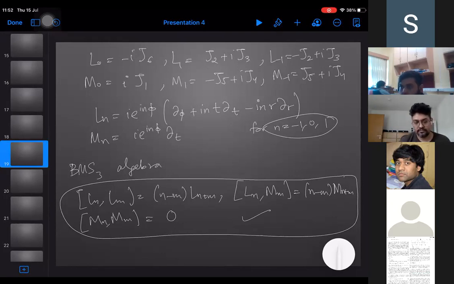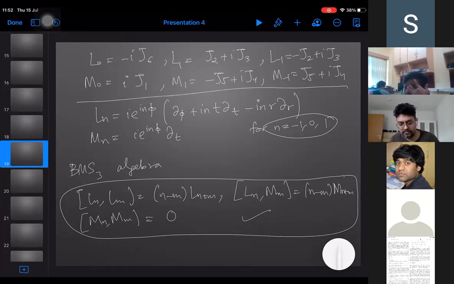Okay, but how do you get these extra generators from the starting algebra which you had? In the starting algebra, you define these linear combinations, right? L0, L1, and L minus 1. So how do the remaining Virasoro generators appear?